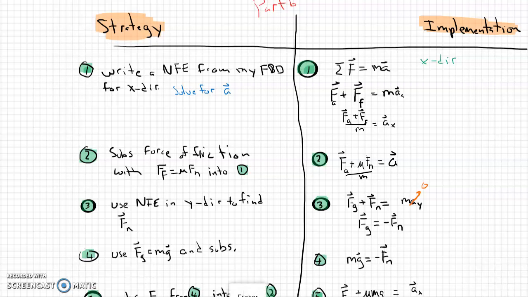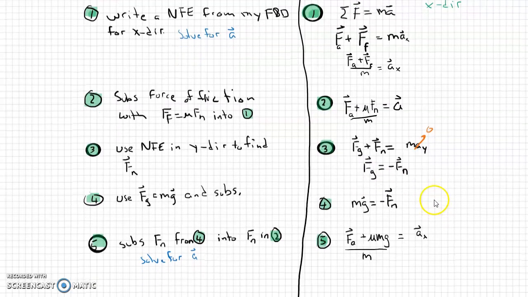Continuing on, in the y direction is where I'm going to have to find my normal force, because the normal force is in the up and down direction. So I write that net force equation. Because it's not accelerating up and down, my acceleration here is zero. Like in the previous part of this problem, these two things are equal in magnitude, opposite in direction.